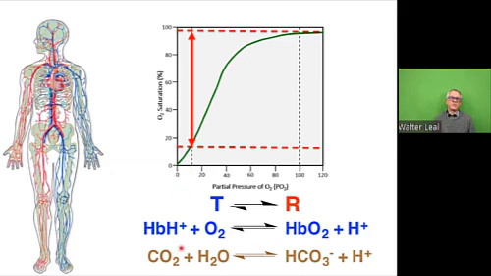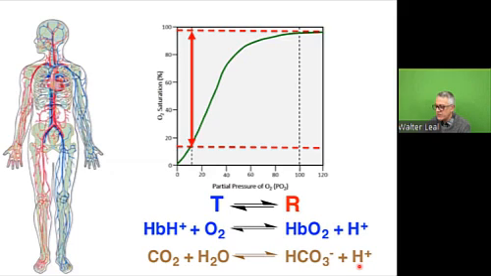We look at that as an equilibrium also, when hemoglobin binds to oxygen, generating HbO2. Sometimes we write HbO8 to emphasize that there are 4 molecules of oxygen bound at most, and it generates protons. What's important here is that these generate protons, and the protons are important because carbon dioxide reacts with water to produce bicarbonate and H+. So the two things are related.